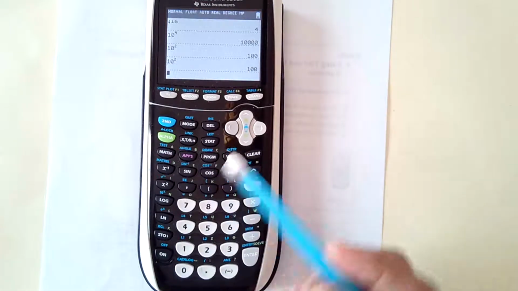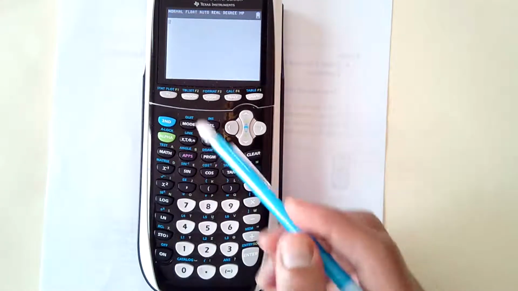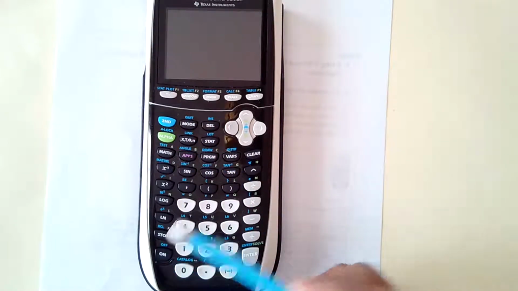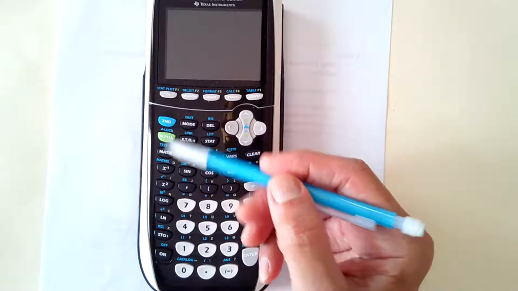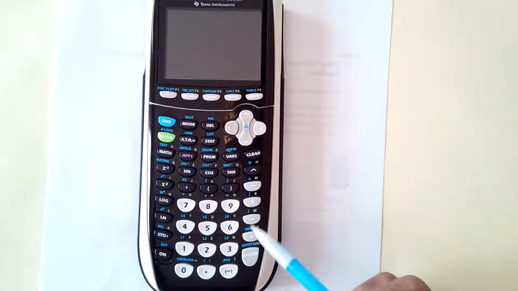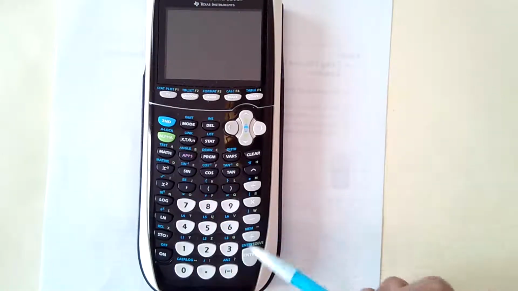Now, if you want to turn it off, or first of all, let's clear it. Press the clear button. If you want to turn it off, you press your second and on. Remember, I mentioned earlier, any function with the blue lettering, you need to press your second button first. Same thing applies for the green. If you need this green, which we will not be using yet, when you get into grade 12, you'll be using this alpha button.